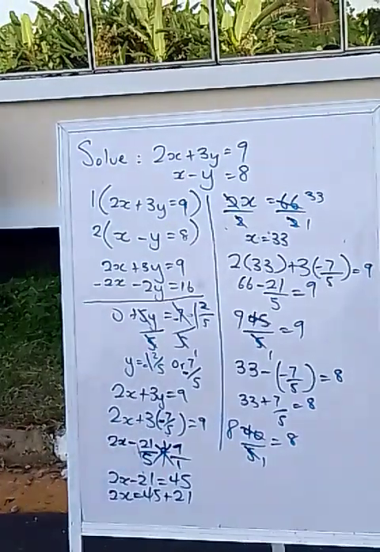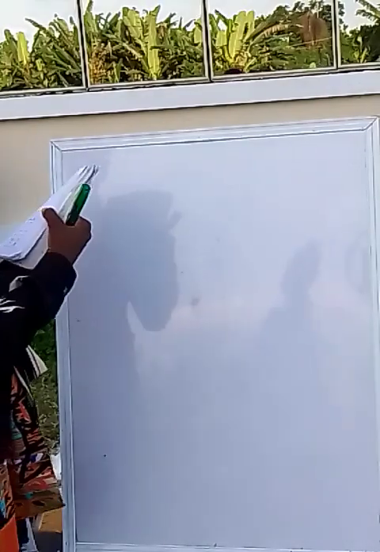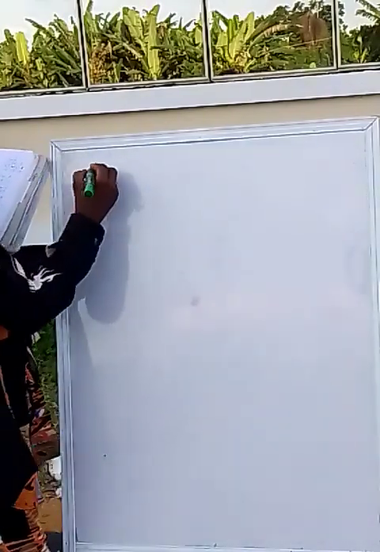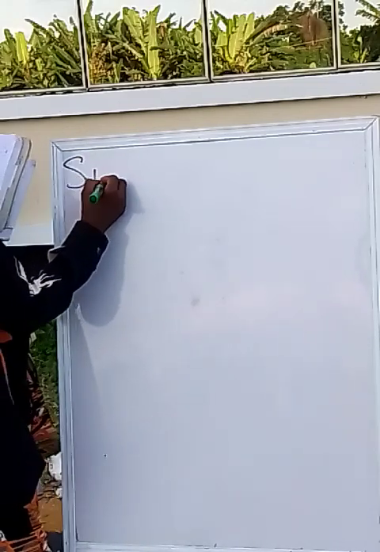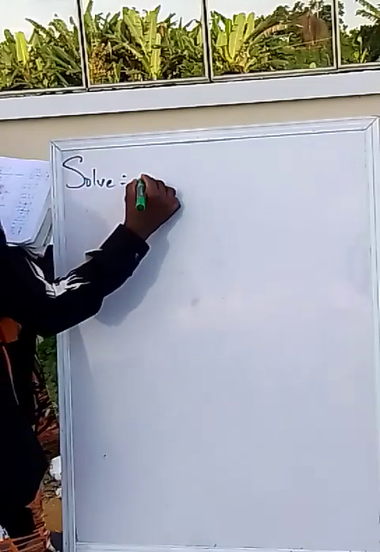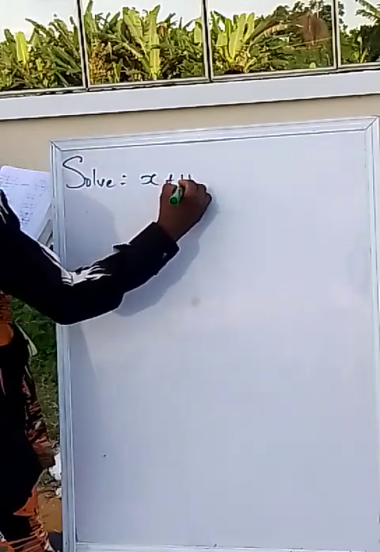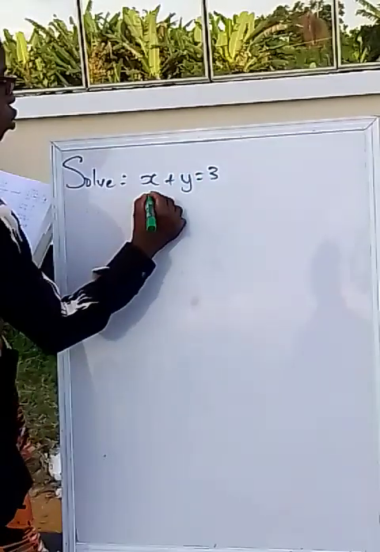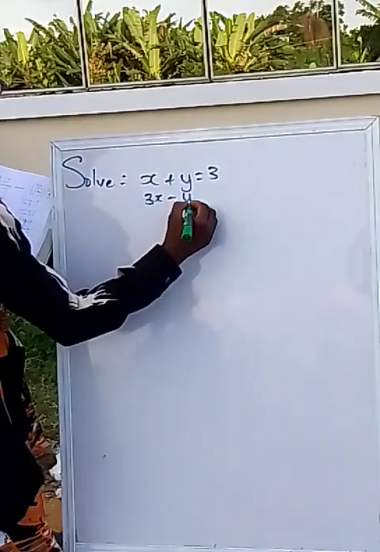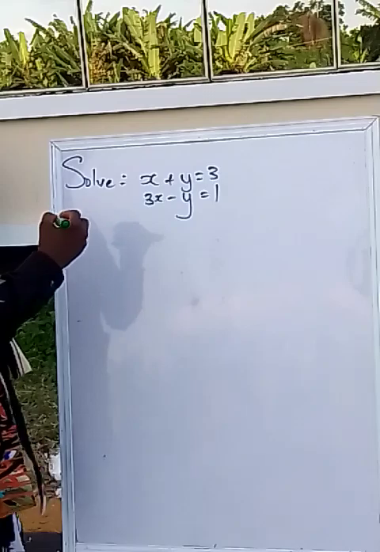So now let's continue. We are asked to solve x plus y equals 3, 3x minus y equals 1. So now we are going to solve it using the elimination method.